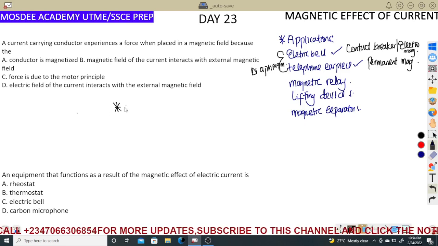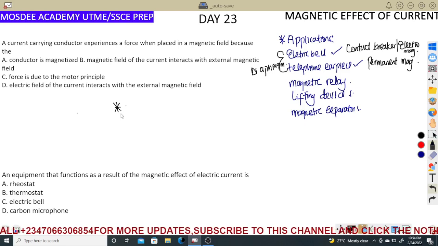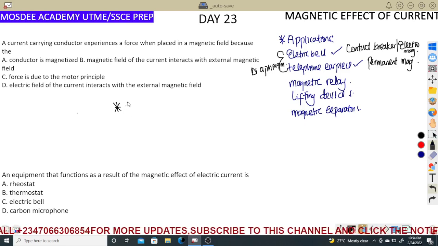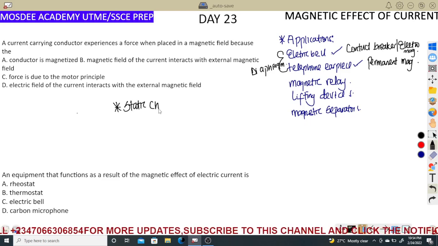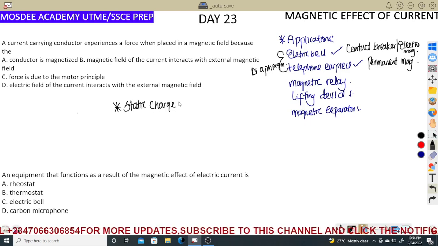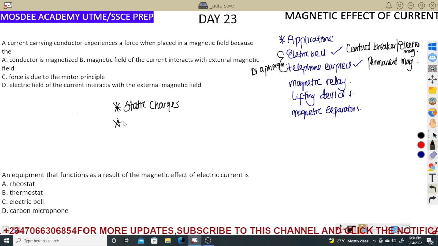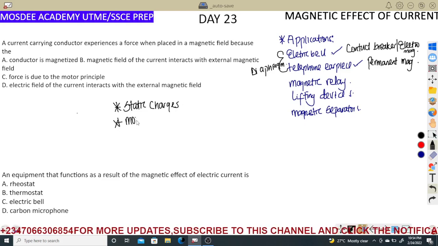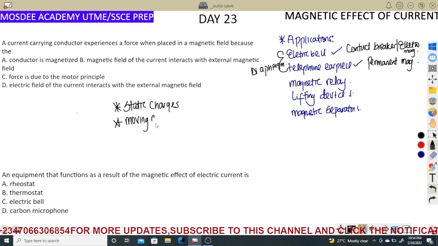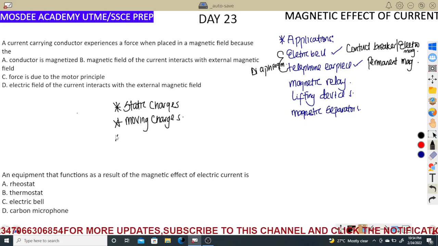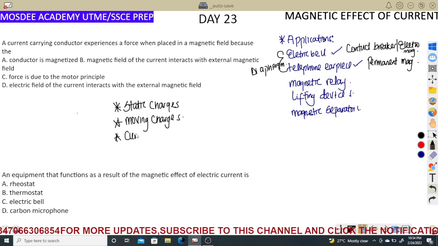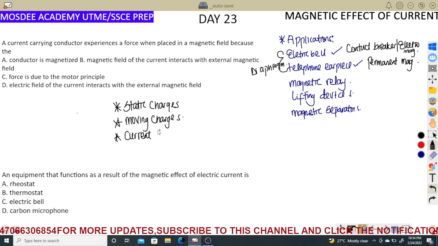And under that concept, we talk about what we call static charges. There are different types of charges. Charges at rest, electrostatic. We started with that. I'll be fast. We have talked about moving charges. And the one we are talking about now is current carrying conductor.